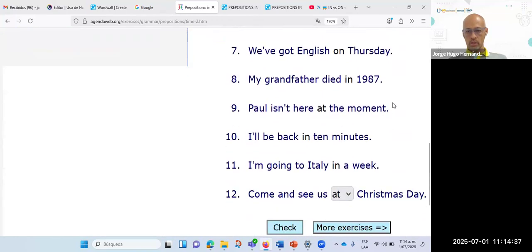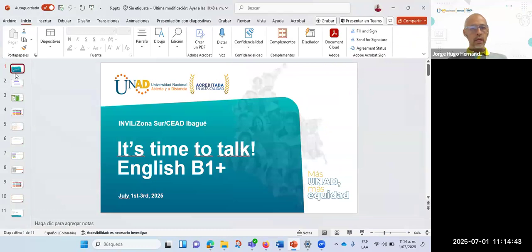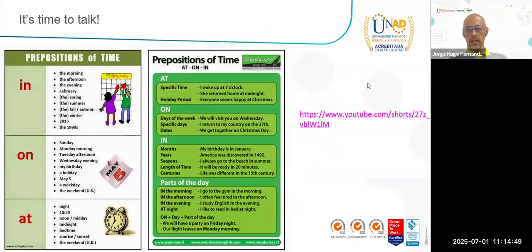This one, no more rules we can deduce. Okay, so we are going to check this picture, and here we are going to find the situations when we use each one of the prepositions. We are going to start with in.